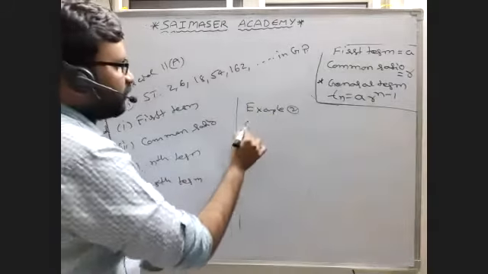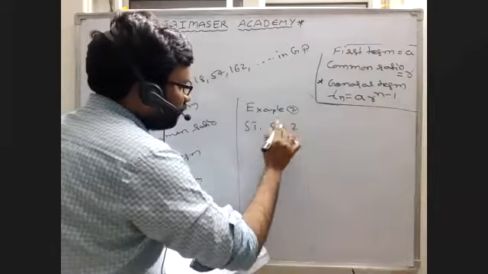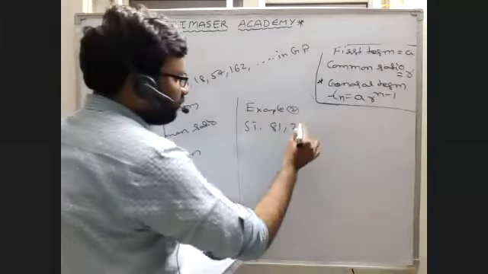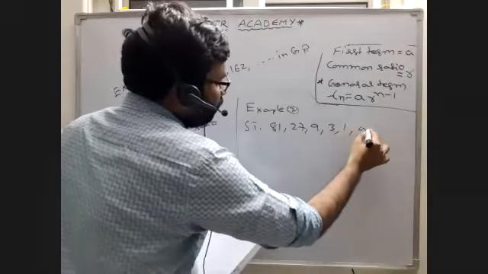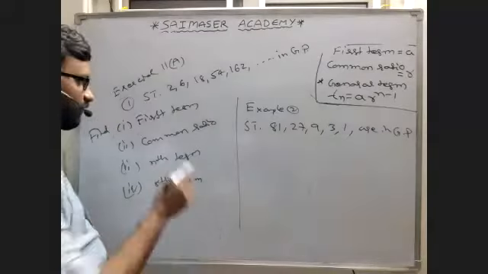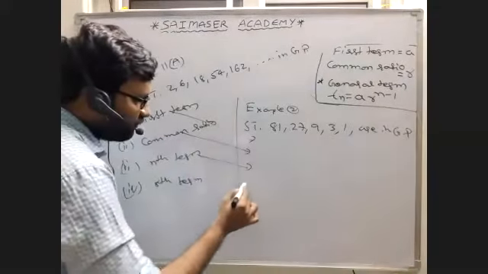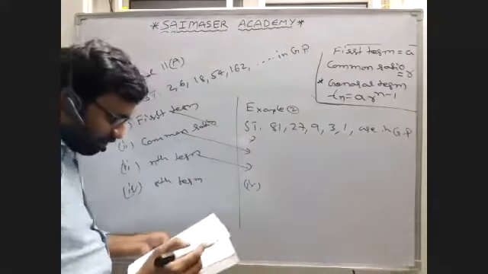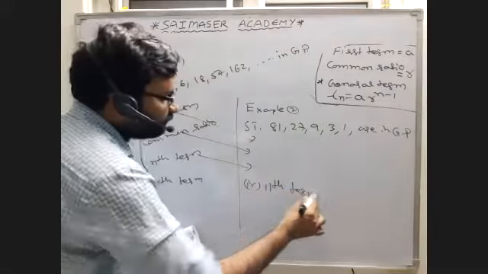Show that the progression 81, 27, 9, 3, 1 are in GP, and same first one, same second one, same third one, but the fourth one is find the 11th term. 11th term. Copy fast. You have only 8 minutes, I think.